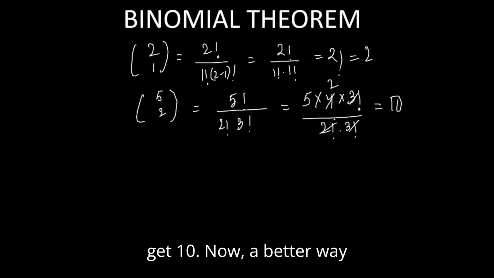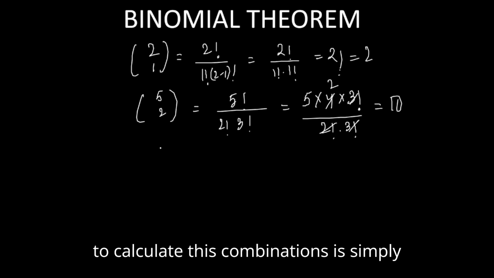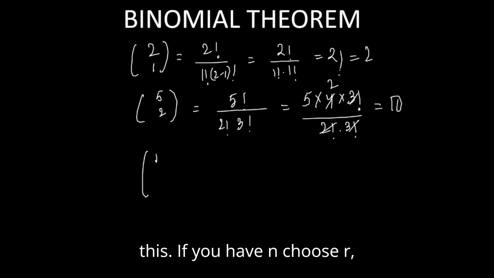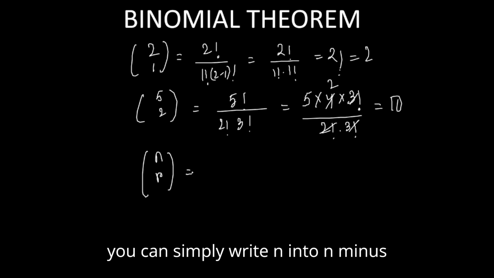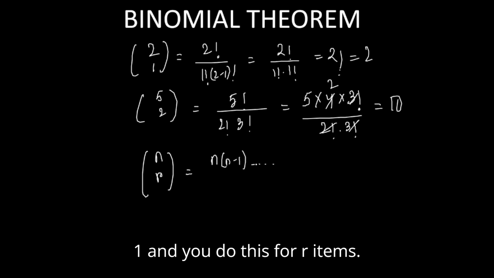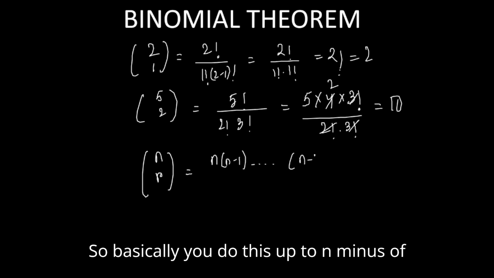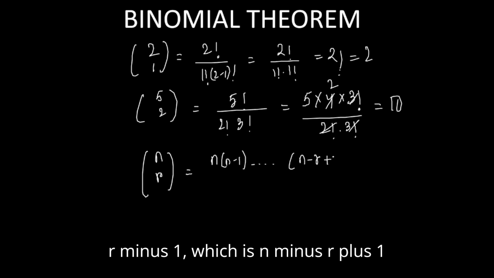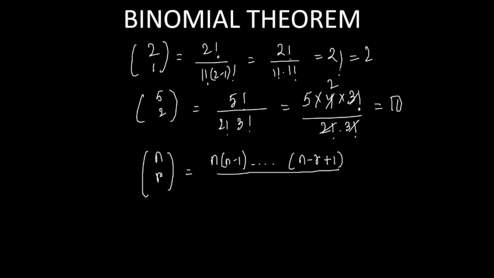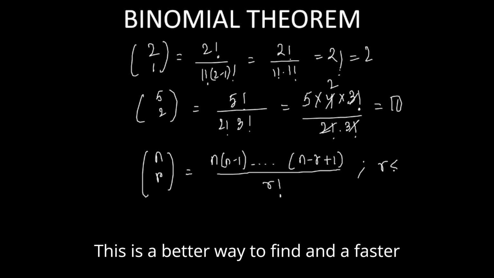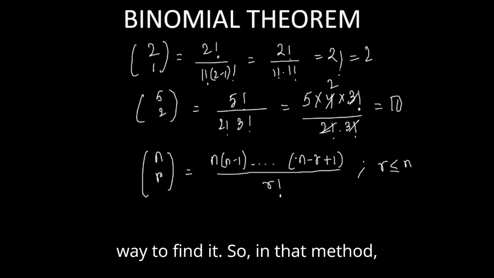Now, a better way to calculate these combinations is this. If you have n choose r, you can simply write n times n minus 1, and you do this for r items, so basically up to n minus of r minus 1, which is n minus r plus 1, divided by r factorial. This is a faster way to find it.